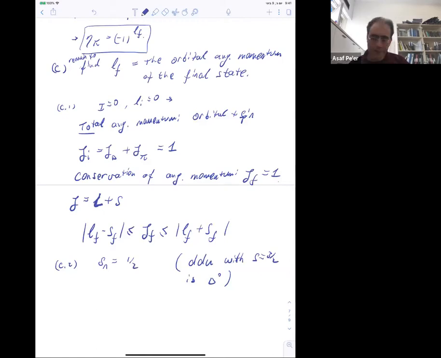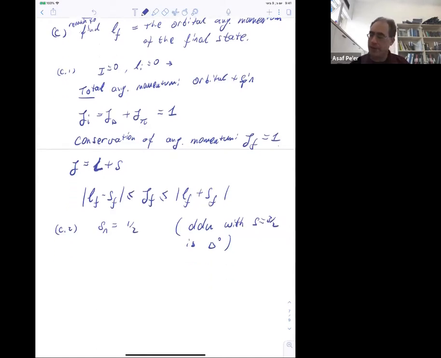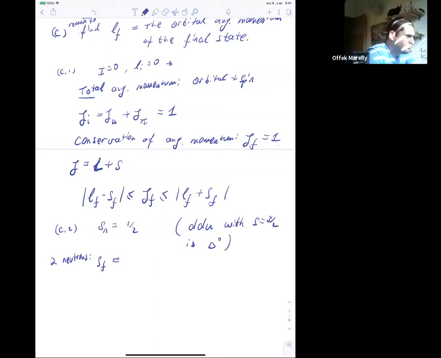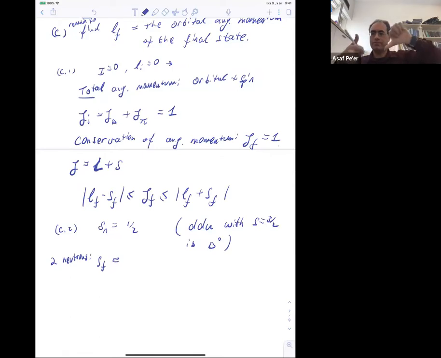So the 2 neutrons, what can their spin be? What's the total spin of the 2 neutrons? Well, it can be either 0 or 1, right? It can be like that or like that. So it can be either 0 or 1. We're not sure at the moment which they are.